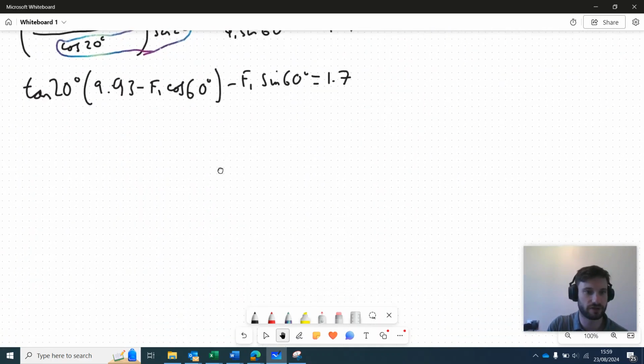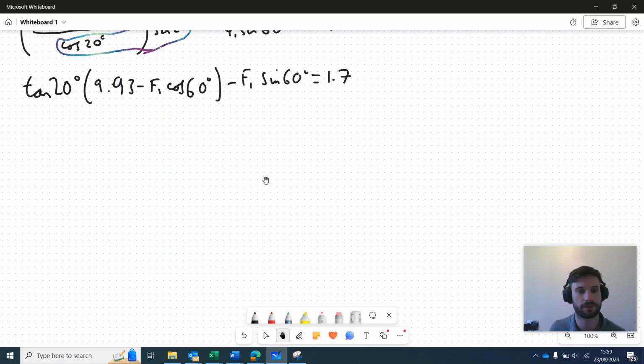Let's go ahead and solve this then. I'm going to want to take all the terms containing f1 and move them onto one side, and all the terms not containing f1 and move them onto the other. So I'm going to do this step by step. I could skip steps here, but I'm going to show all the workings.